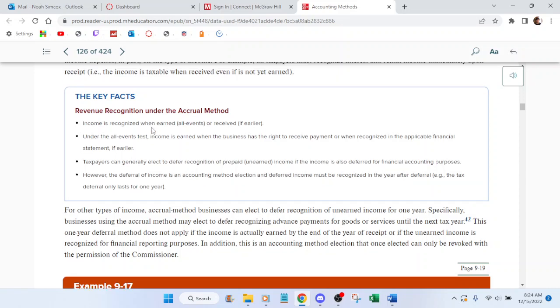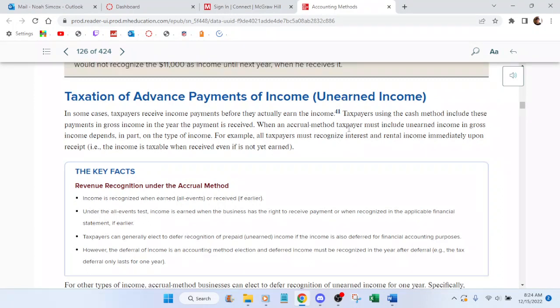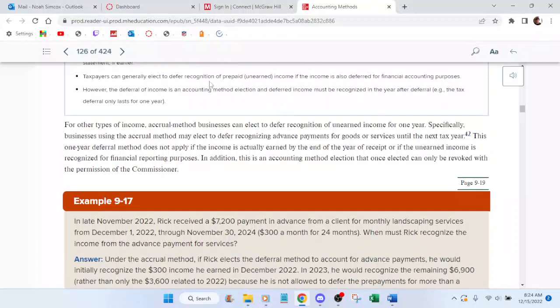So, for interest and rental income, you cannot defer income. For interest and rental income, you have to recognize it right as you receive the payment. For other types of income, accrual method businesses can elect to defer the recognition of unearned income for 1 year.